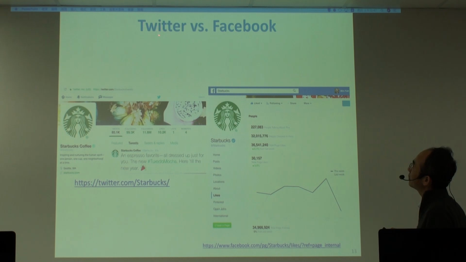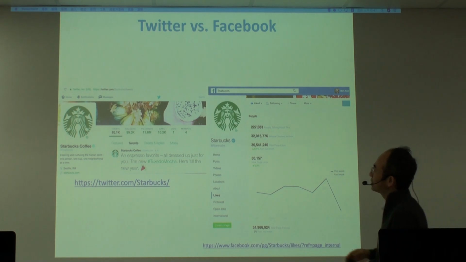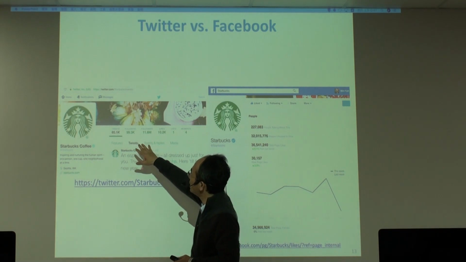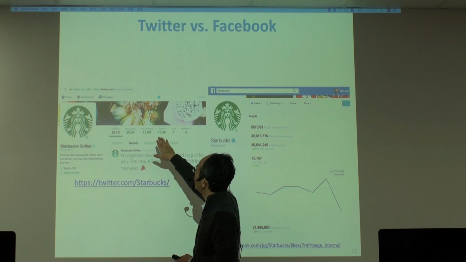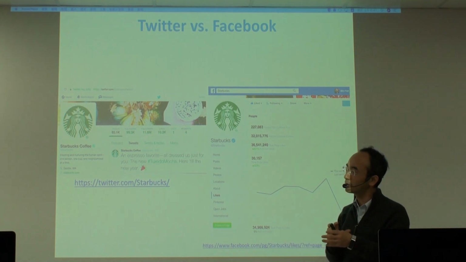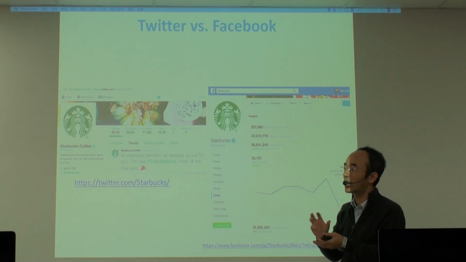In terms of the comparison of Twitter versus Facebook, you can see this is twitter.com/Starbucks. There are many following and followers. So this is like the social interaction with its users or customers.